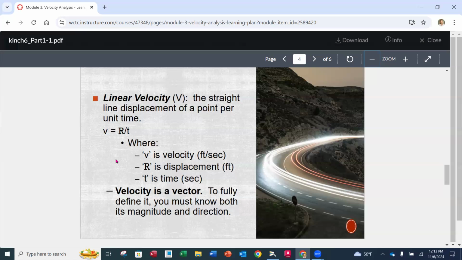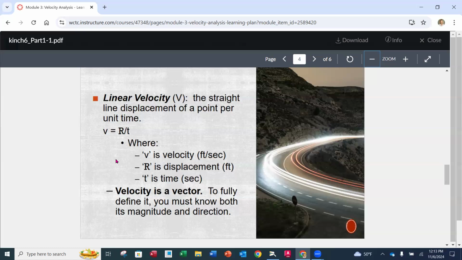But to fully define it, we need both magnitude and direction. So we can calculate it using the equation above: how much distance did we cover and how much time did it take us? That's the magnitude of the velocity. But that just gives us a portion of it. To become a vector, we have to know what direction it's going in.